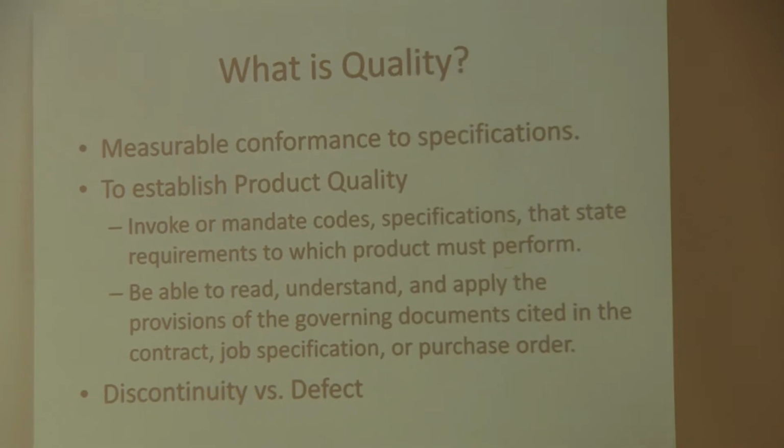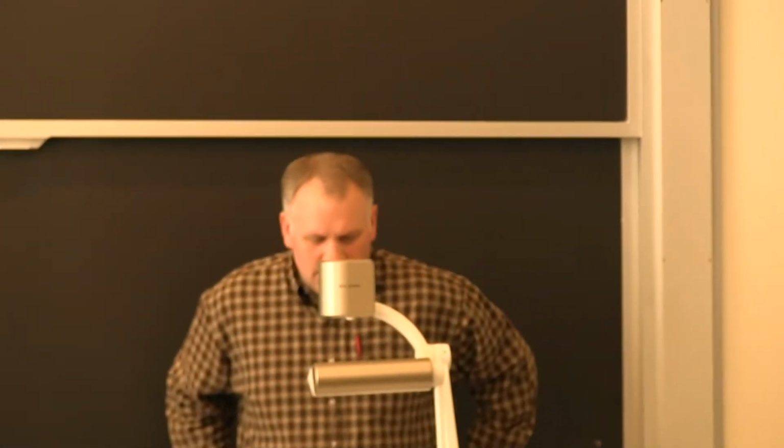Another thing that comes up a lot in welding quality specifically is the difference between a discontinuity and a defect. You might say, well, those sound like the same thing. That's what most people think.